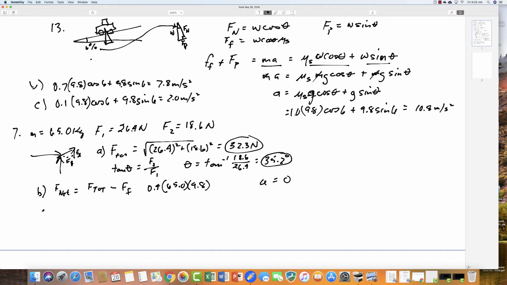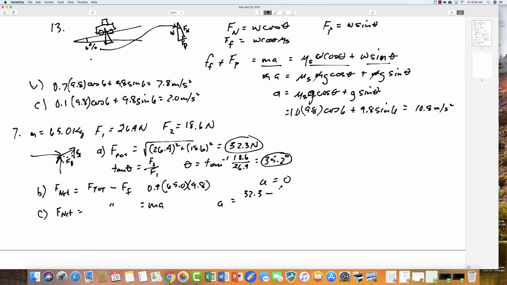Now part C says, let's say she's moving, what would her acceleration be? That changes the friction force pretty dramatically. F net here is going to equal the same thing, but this is going to equal ma. So solving this equation for a, we end up with 32.3 minus the friction force.